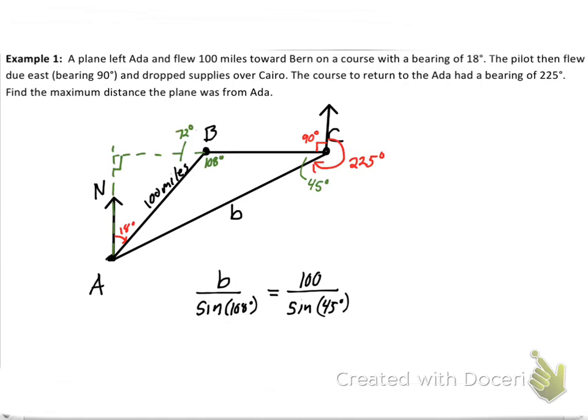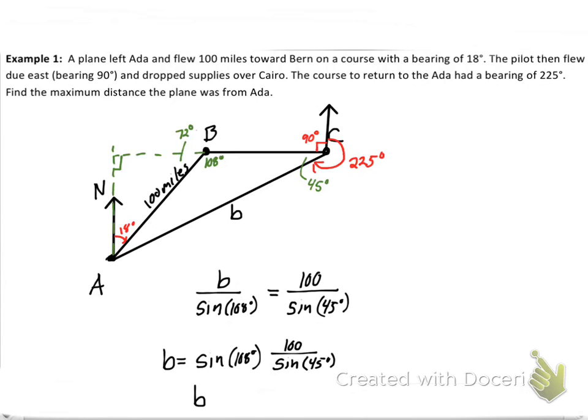And now we just got to solve for B. We just multiply both sides by sine of 108. So we have B equals sine of 108 times 100 over the sine of 45 degrees.